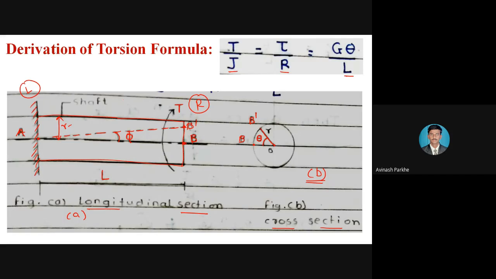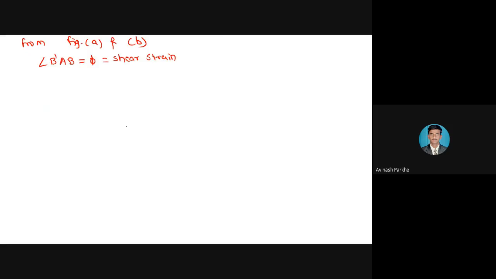Similarly, from figure B, that is the cross section of the shaft, you will get one more angle, which is called theta. If I have to write that angle from the figure, how will I write it? Angle B dash O B. So angle B dash O B is equal to theta, which is called the angle of twist.